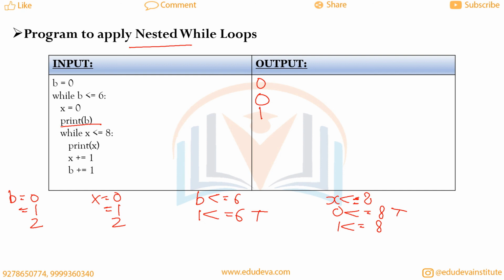Now the condition will again be true. So we will print 2 in the output and then 3, 4, 5, 6, 7 and 8, because the condition 8 is less than or equal to 8 is true. Then the latest updated value of x will be 9 and the latest updated value of b will be 9.